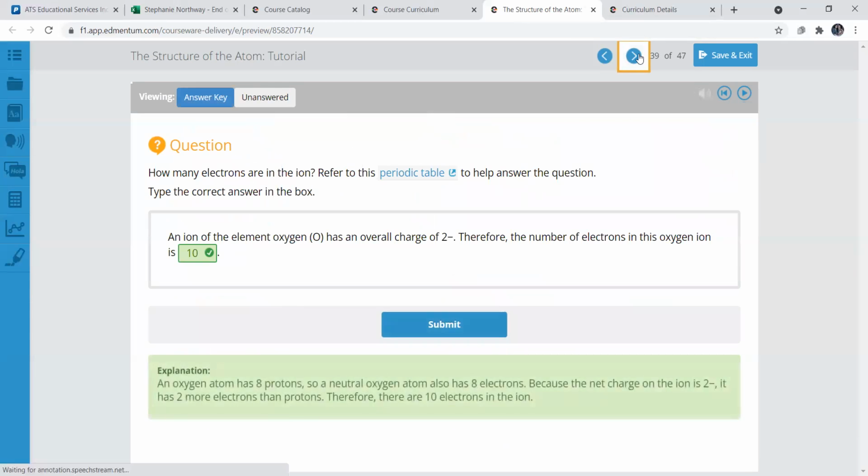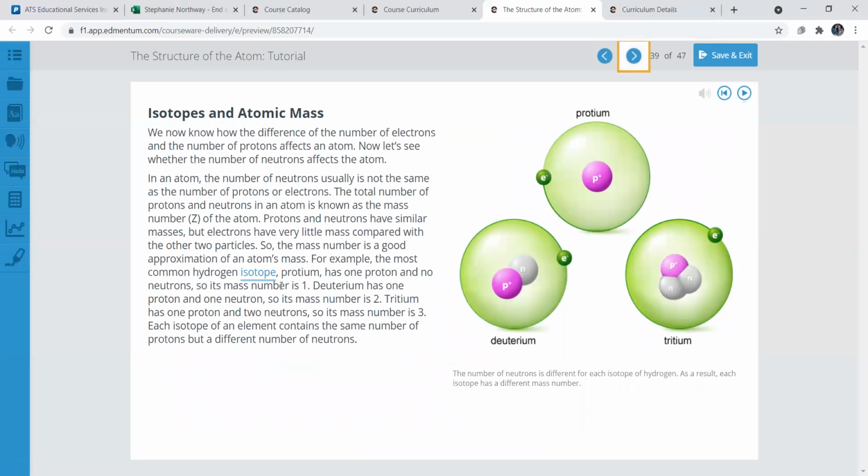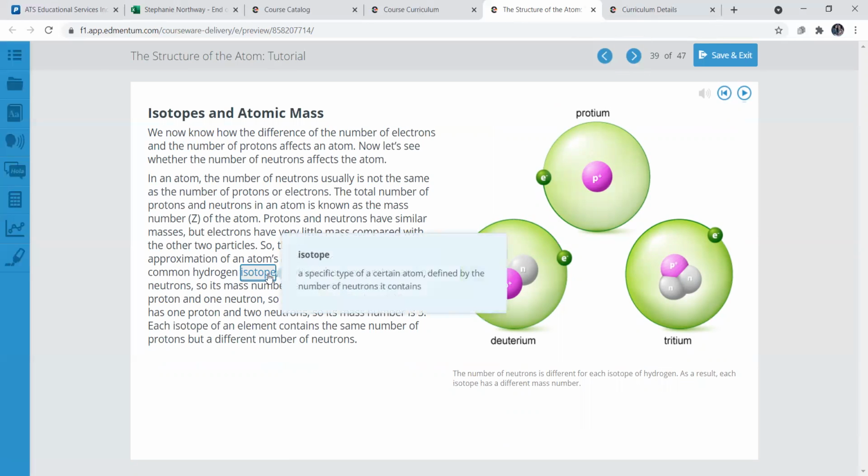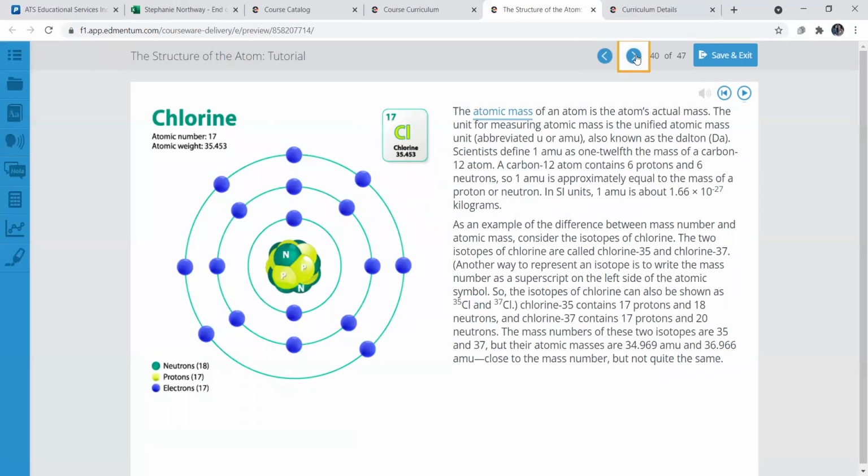We'll skip the questions. And now the isotope. A specific type of a certain atom defined by the number of neutrons it contains, meaning that some atoms have different numbers of neutrons. So let's go to the next part. And this shows an example of chlorine.